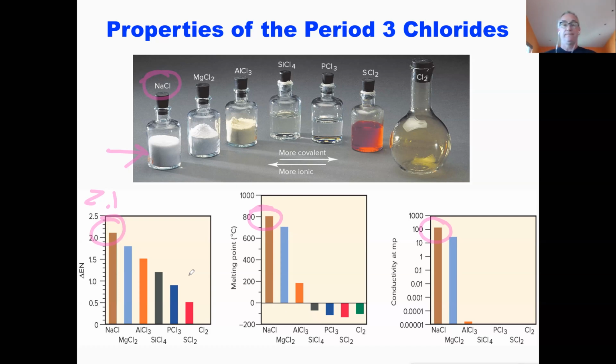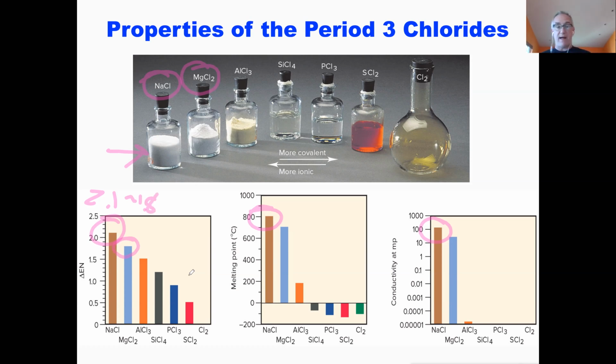Let's move over one. Let's look at magnesium chloride. Now, magnesium is slightly more electronegative than sodium because the size of its cloud is slightly smaller. And you can see the difference in electronegativity is now slightly smaller, around 1.8.